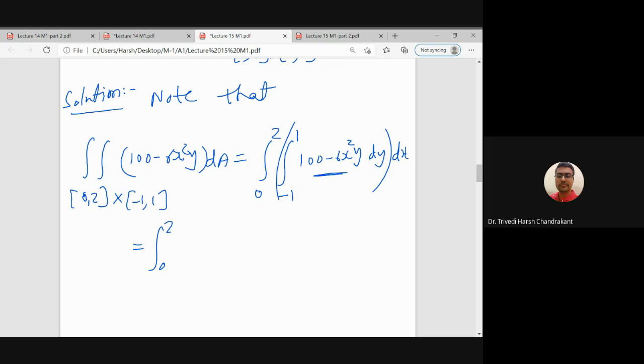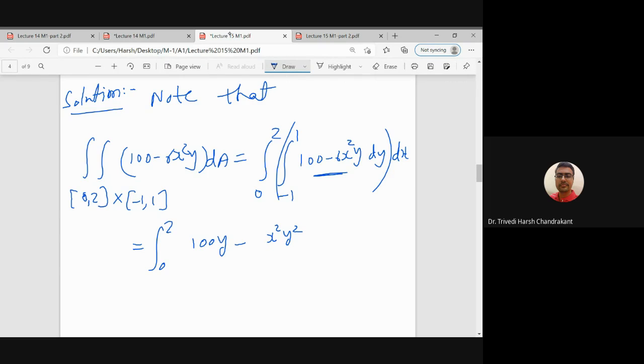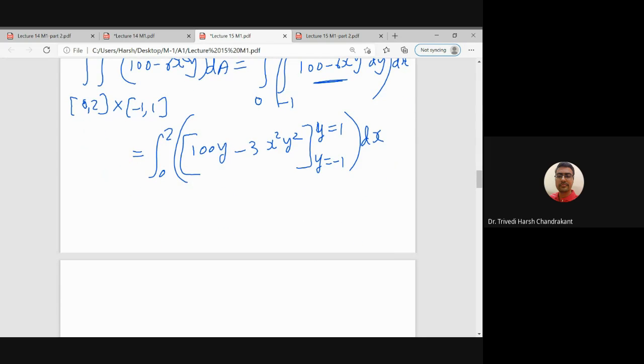So when we integrate this function with respect to y, we get 100y minus 6x squared y squared divided by 2, and 6 by 2 is basically 3, with the limit y equals -1 to 1. Whenever we substitute these values, the function will become 100 minus 3x squared, minus (-100 minus 3x squared).